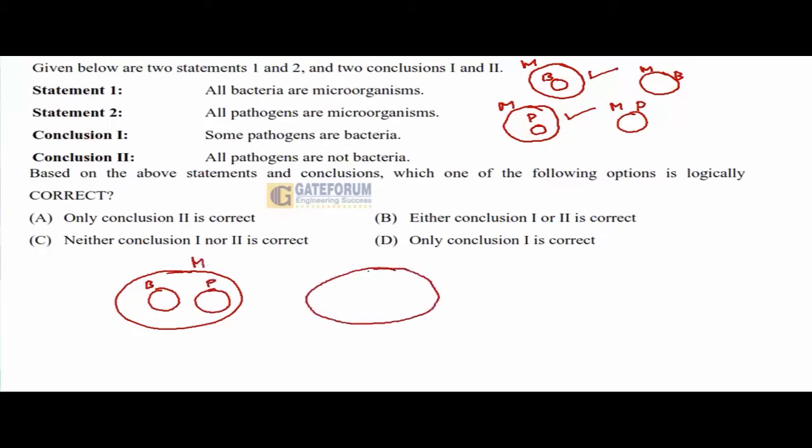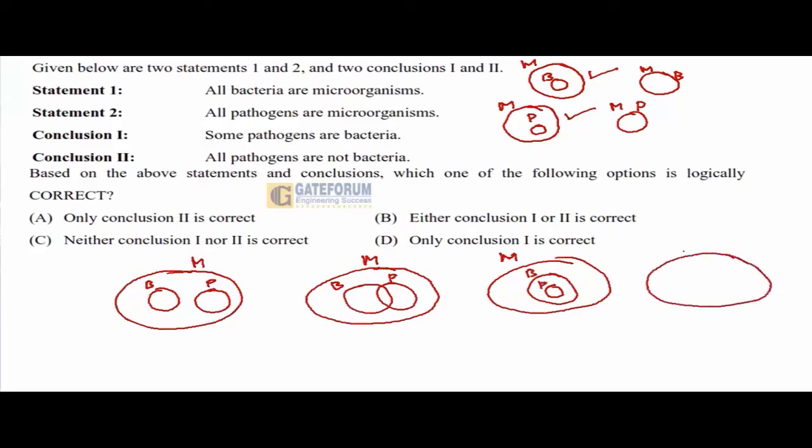We could have got this, where this is microorganisms, this is bacteria, this is pathogens. We could also have got this. See, this is microorganisms, this is bacteria and this is pathogens. And we could also have got this. This is microorganisms, this is pathogens and this is bacteria.